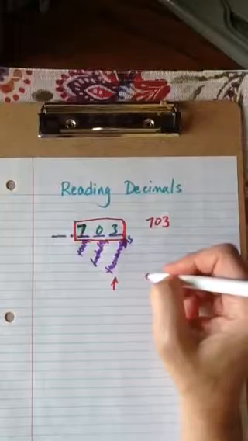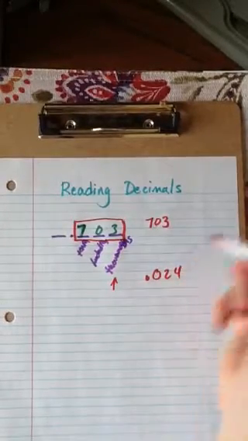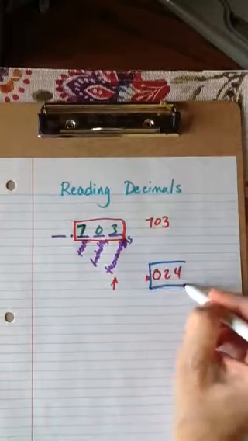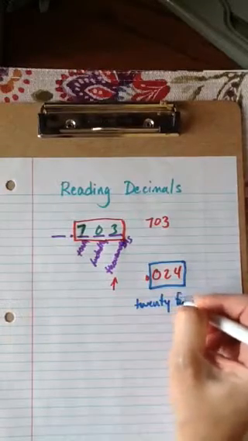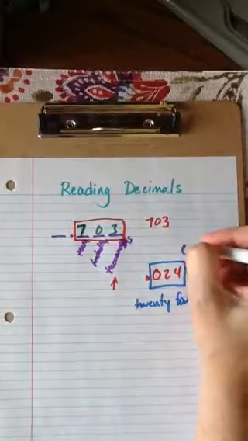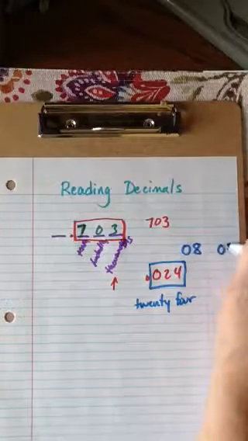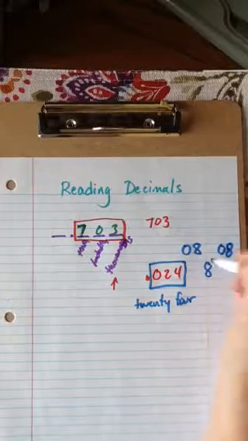Let's say that we had the number 0.024. First you say the name. Well, that name is called 24, because we already learned that 08 is the same thing as 8.